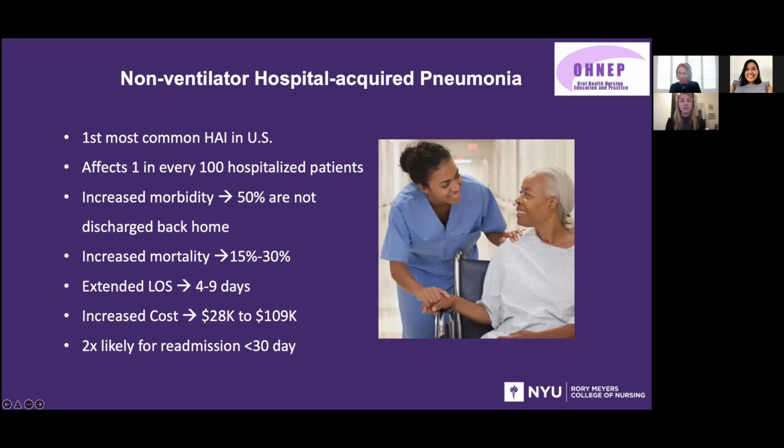And you can look at these stats and see increased morbidity, mortality, extended length of stay, increased cost to the hospitals, increased likelihood of readmission. These are all really significant statistics because they're also a lot higher than other common hospital-acquired infections.